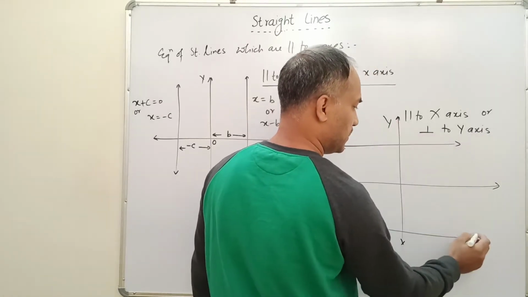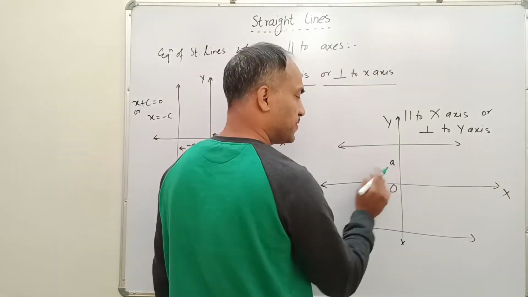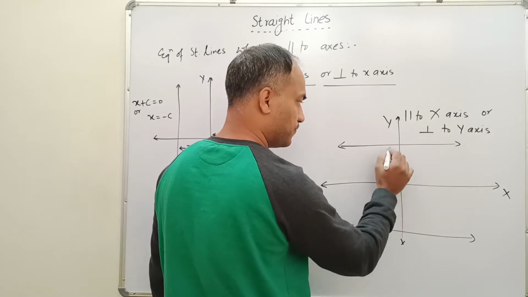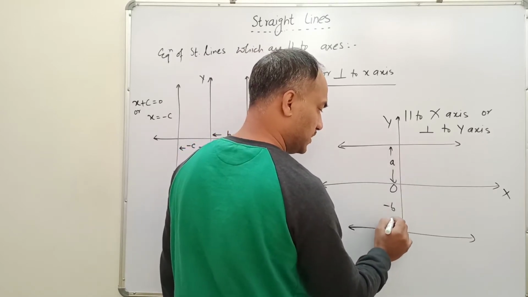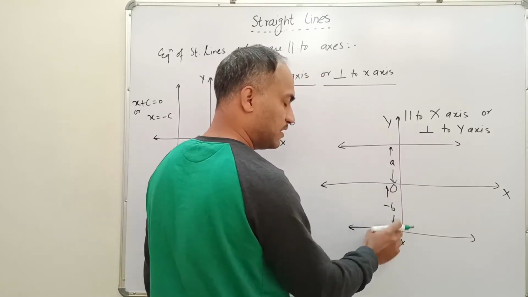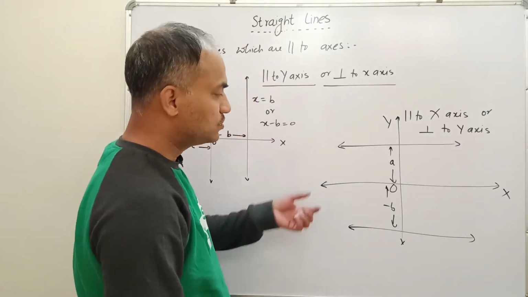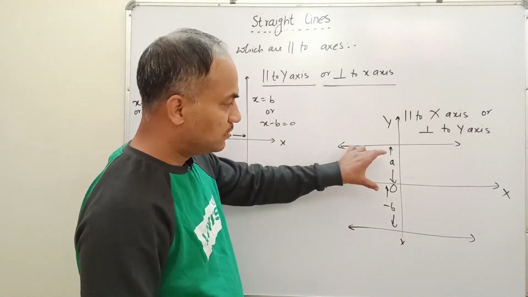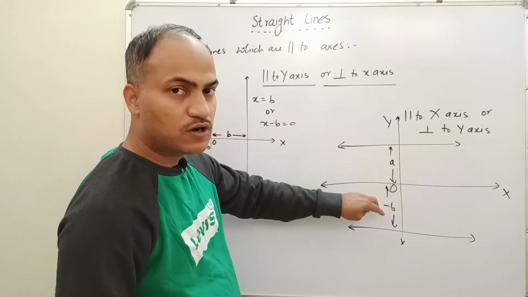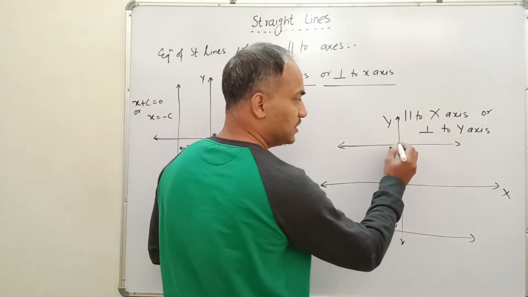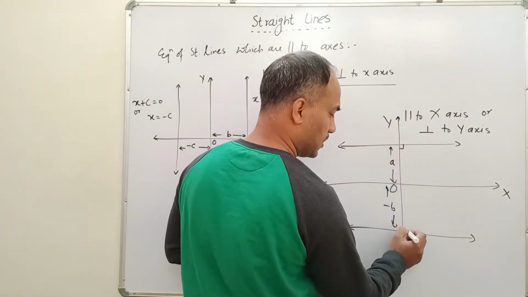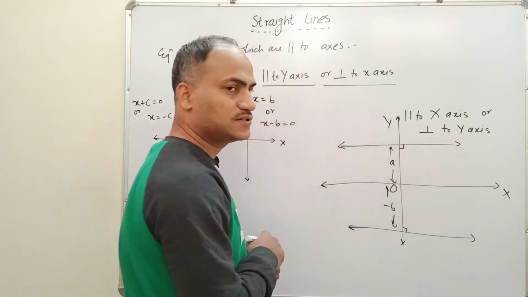So this is y and this is x, origin. Suppose this value is a, and obviously this other one will be negative. These can be the same, they can be different, anything. So these two straight lines are at these distances on the y-axis. It means they are perpendicular to the y-axis, or we can say parallel to the x-axis.